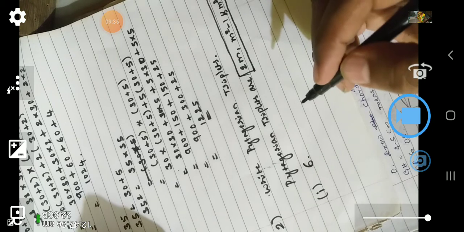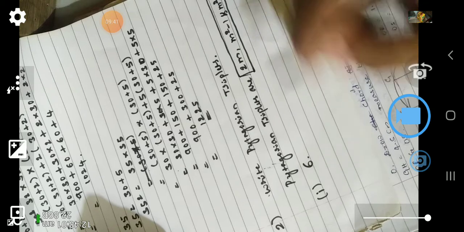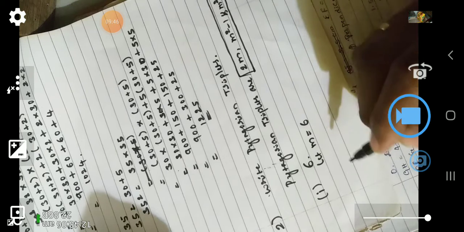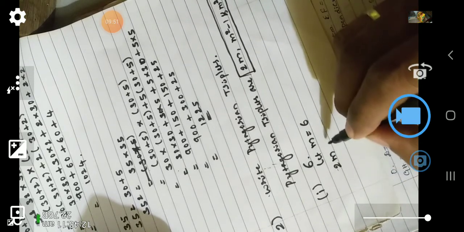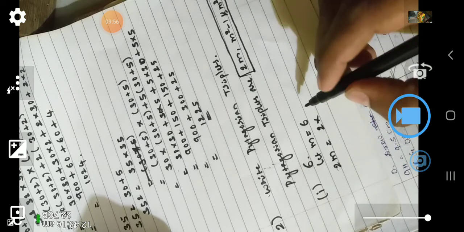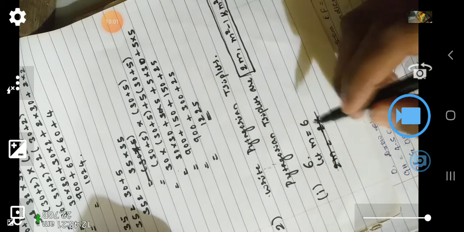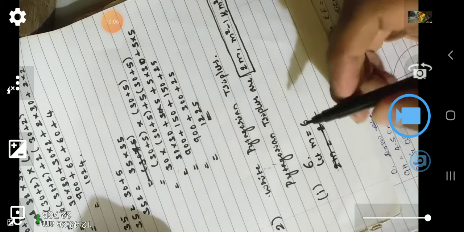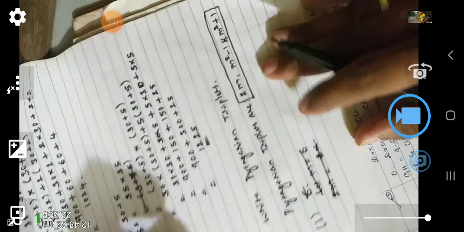So let m be the variable, because in Pythagorean triplets m is there. But the first Pythagorean number is 6, so let's try to understand it this way.